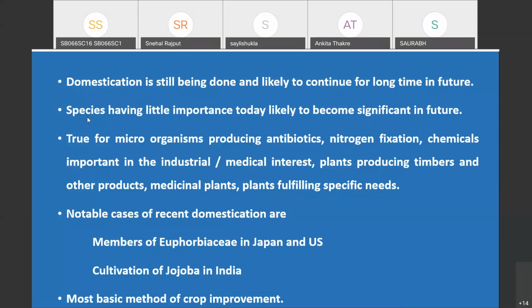The DST, the Department of Science and Technology of the Government, carried out a project on cultivation of jojoba in the arid zones of India. Arid zones are primarily in Rajasthan, Madhya Pradesh, Maharashtra, Gujarat, and Uttar Pradesh.